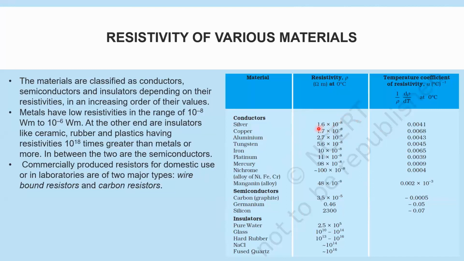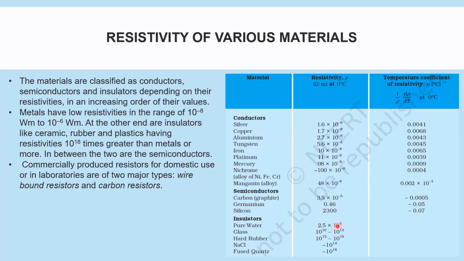You can see that most of the conductors have resistivities in the order of 10 raised to minus 8. That is pretty low. In the same way, you can see that the resistivity of insulators is of higher orders.